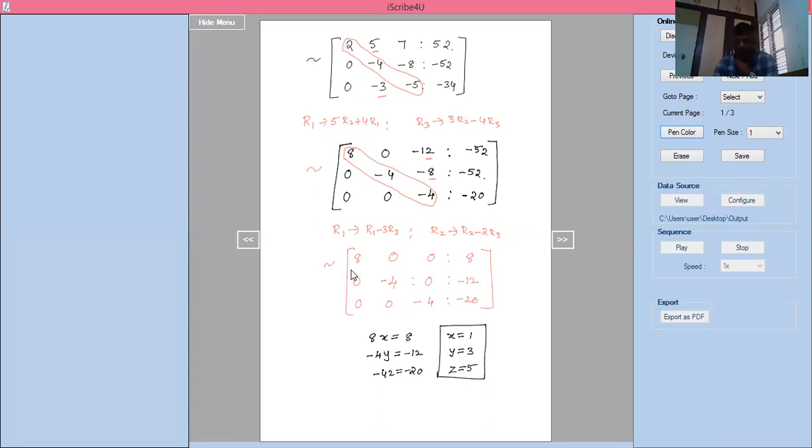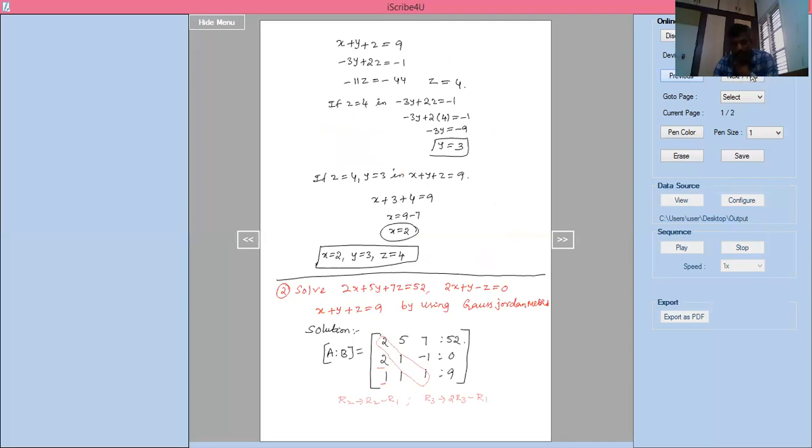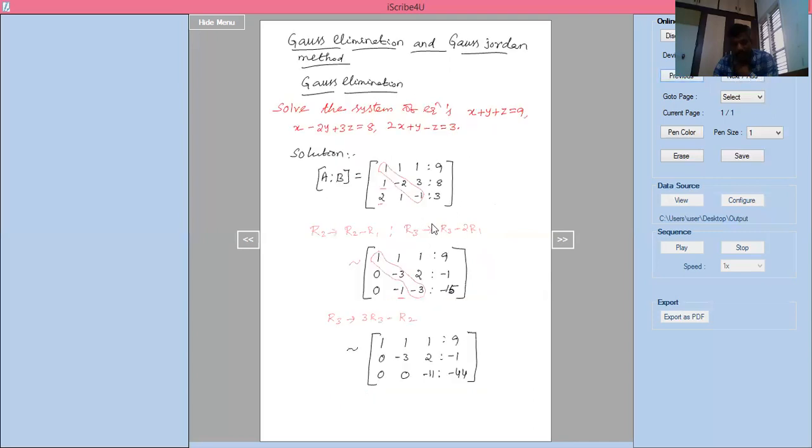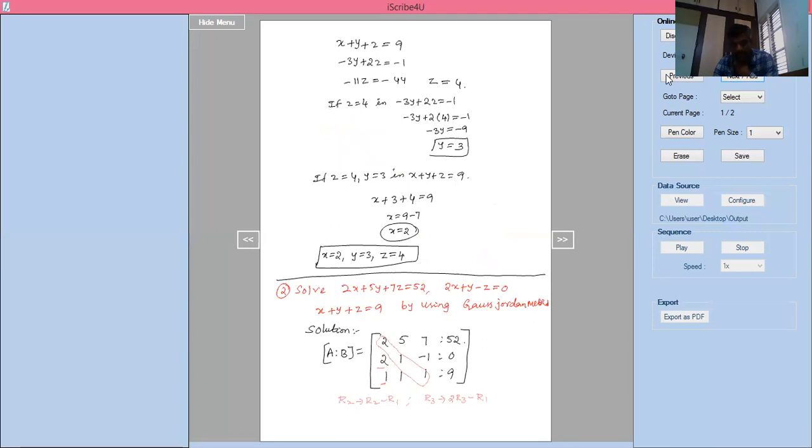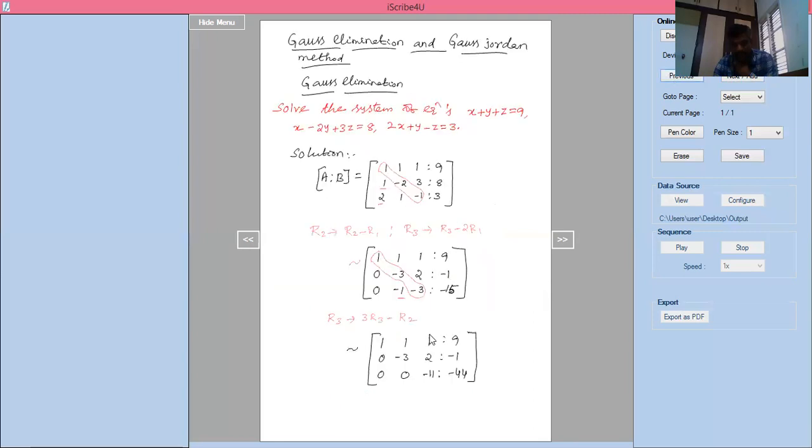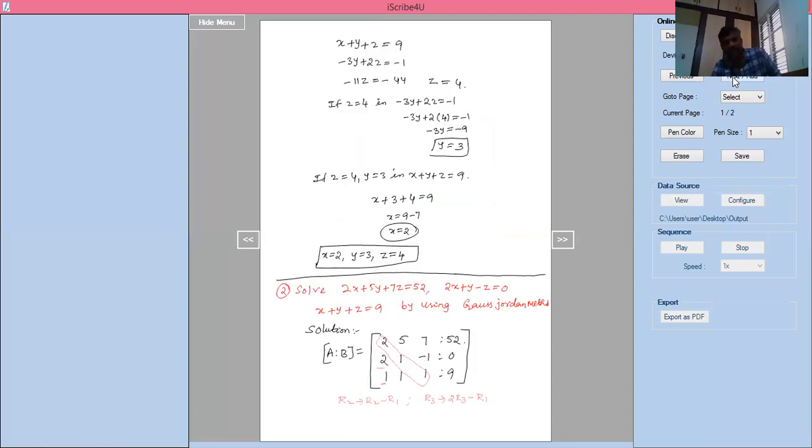So what does the elimination method mean? Already I told that we will get the matrix in the form of an upper triangular matrix. In the Jordan method, which one is upper triangular? This one. If you simplify this you will get the upper triangular matrix, and if you simplify further we'll get the diagonal matrix.